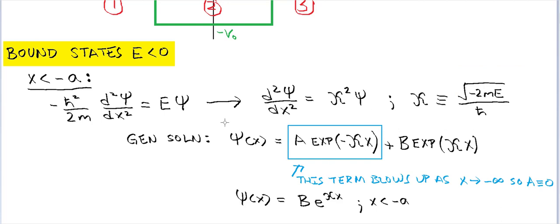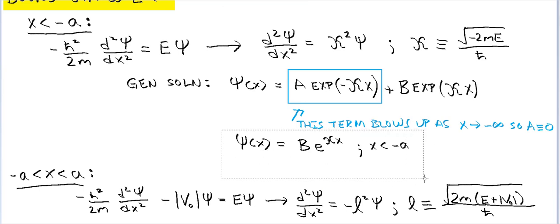And we had this general solution that psi goes as A e to the minus kappa x plus B e to the kappa x. And this first term represented a problem for us physically because it would blow up as x approached minus infinity, and so we solved that just by setting A equal to 0 and getting psi goes as B e to the kappa x.